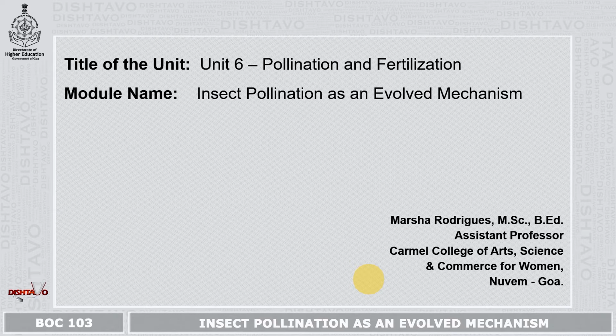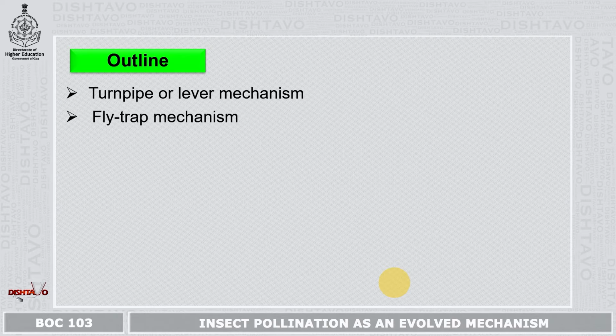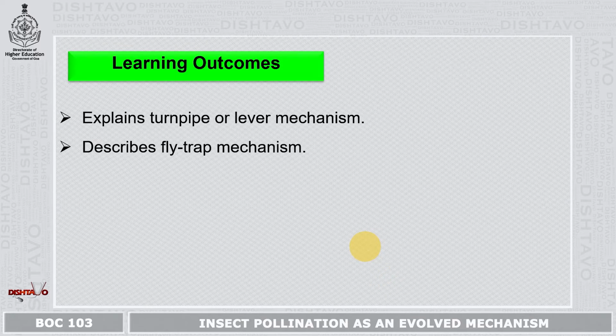Module name: Insect Pollination as an Evolved Mechanism. Outline: Turnpipe or Lever Mechanism, Fly Trap Mechanism. Learning outcomes: explains turnpipe or lever mechanism, describes fly trap mechanism.